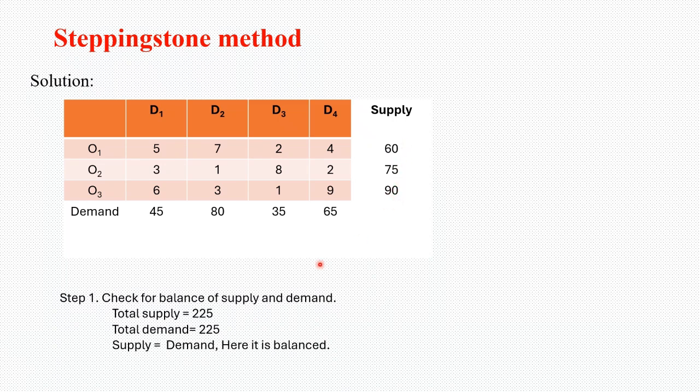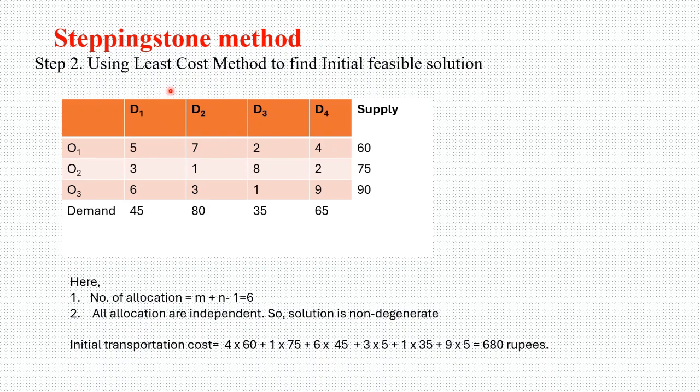Adding demand, total demand is equal to 225. Supply is equal to demand, here it is balanced. Use any one method to find the initial feasible solution: northwest corner method, least cost method or Vogel's approximation method. Here, we are using the least cost method.